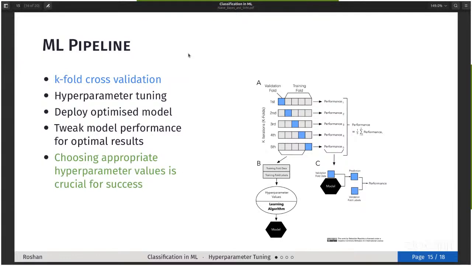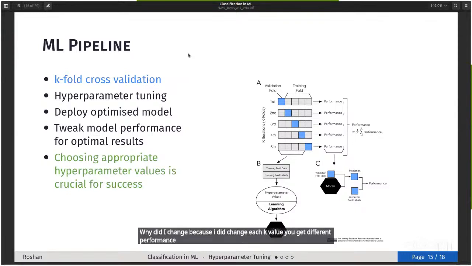It was the value for K, right? Why did I change it? Because with each K value, you get different performance, different accuracy scores for your model. You need to find the K that gives you the best possible accuracy. So this is where hyperparameter tuning comes into the picture.